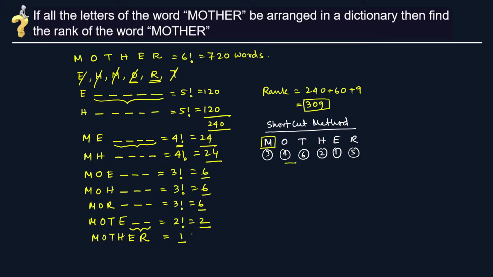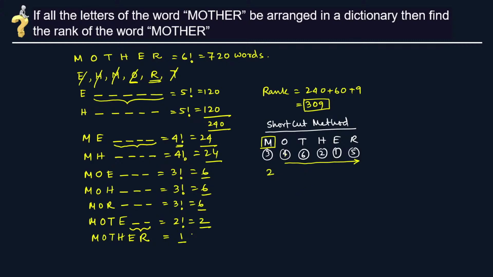Now you see the right side of M and check how many numbers there are which are less than 3. I can easily see that less than 3 is only 2 and 1. So there are 2 such numbers. So write down 2 over here.